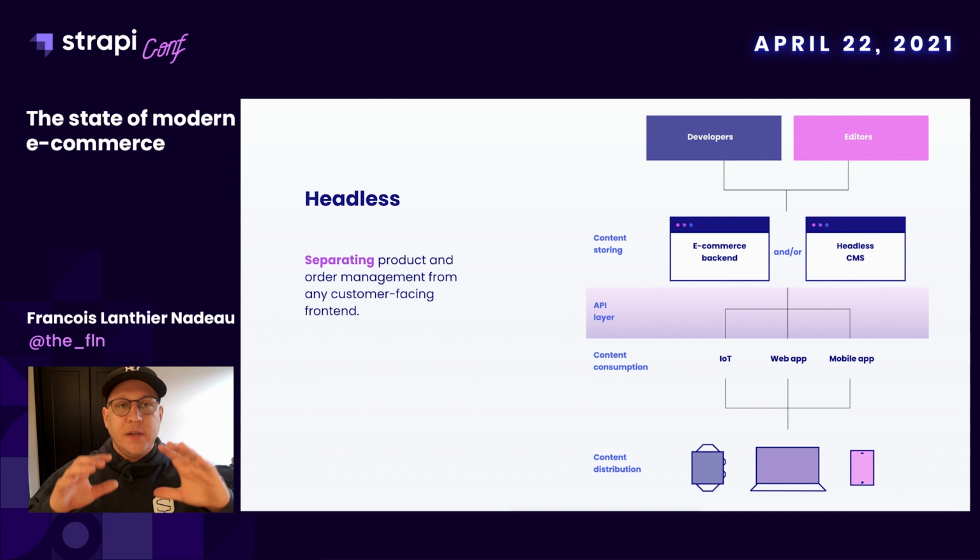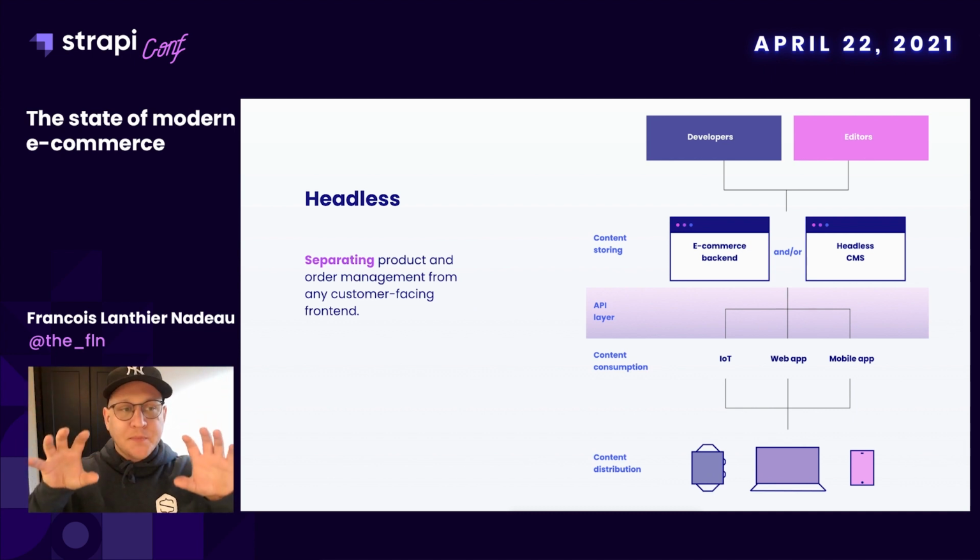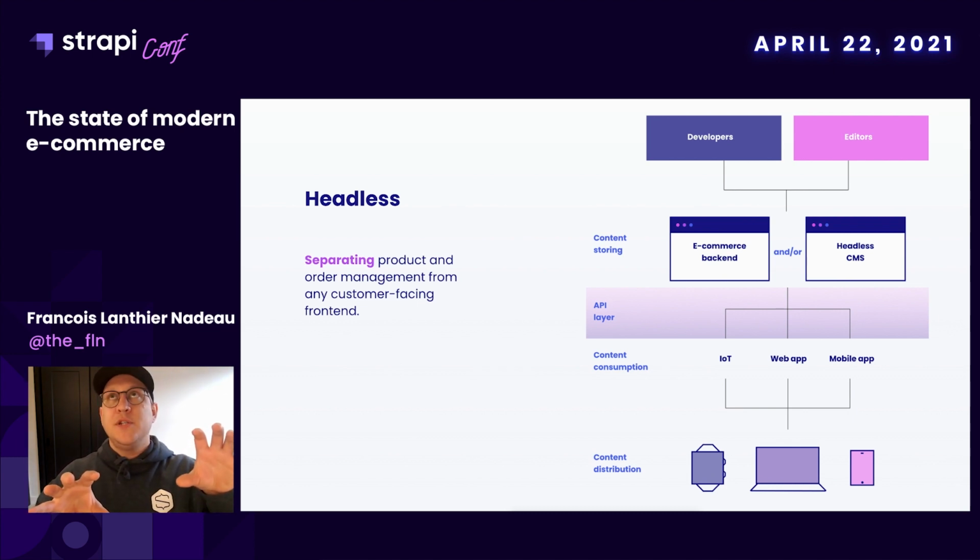So in the architecture graph, you still have developers and editors collaborating and having input into two different tools here. More often than not, you'll have an e-commerce backend. Think about Shopify headless, Commerce Layer, BigCommerce headless. These could fit the bill here.